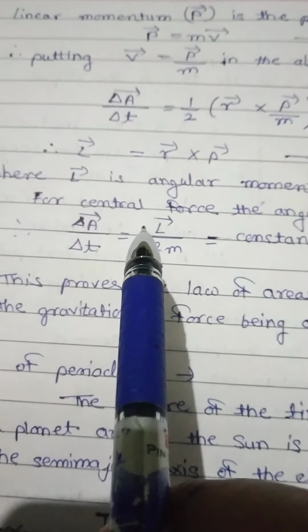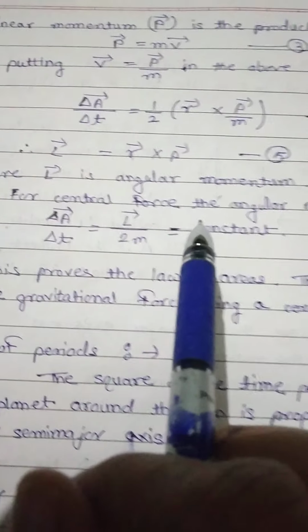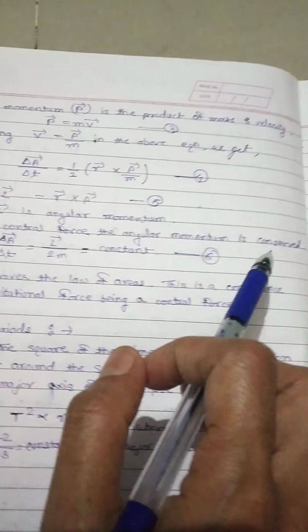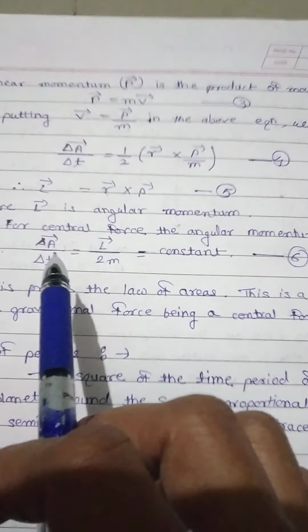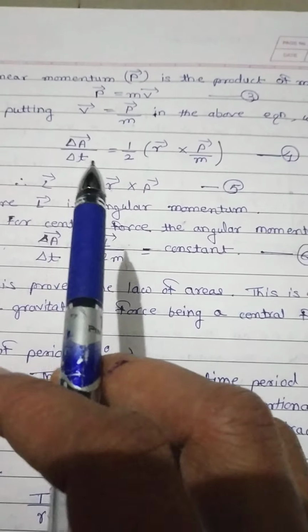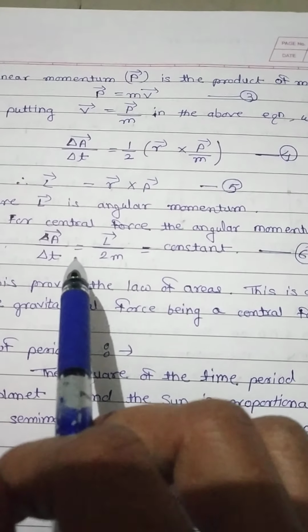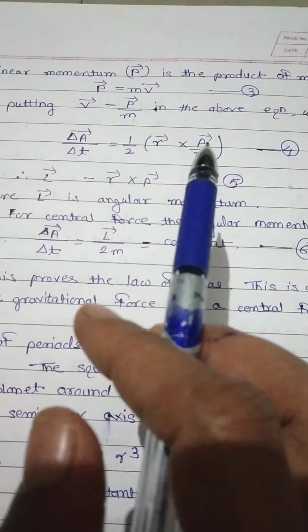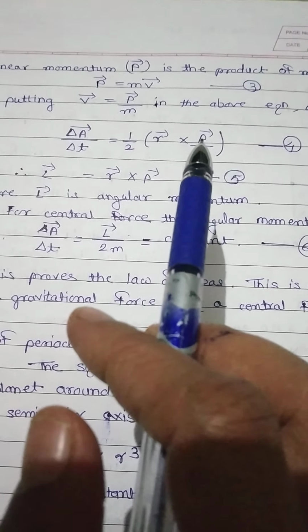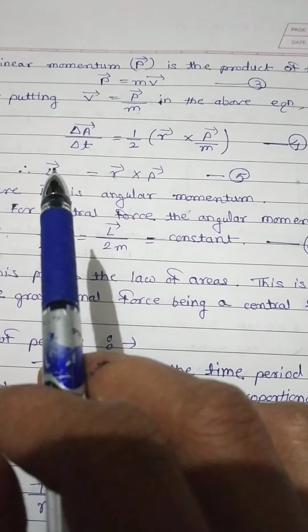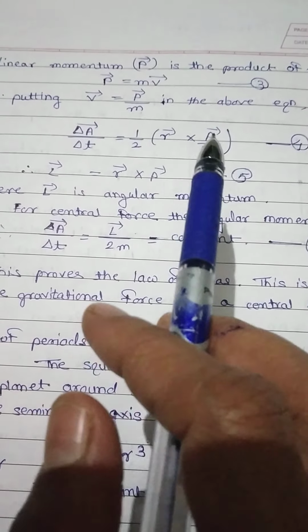For a central force, the angular momentum is conserved. So delta A vector upon delta t is equal to L vector upon 2m, where r vector cross p vector gives the L vector, the angular momentum.